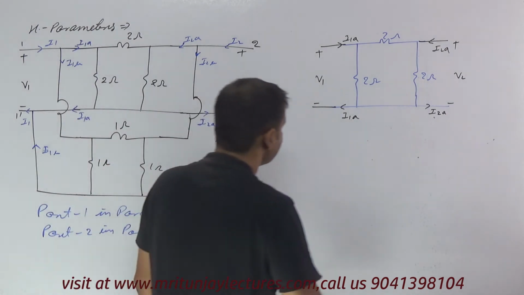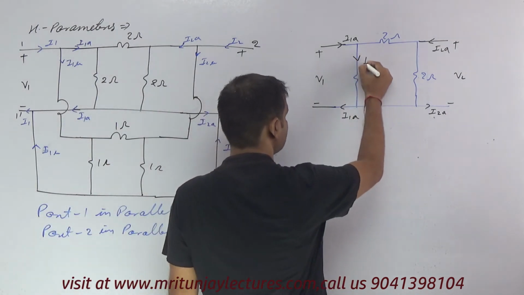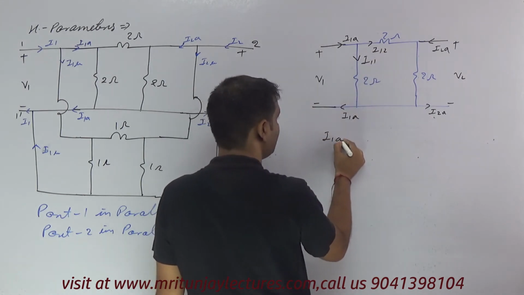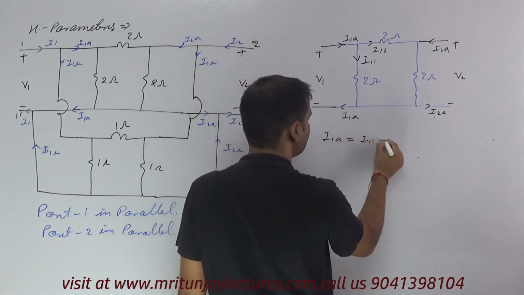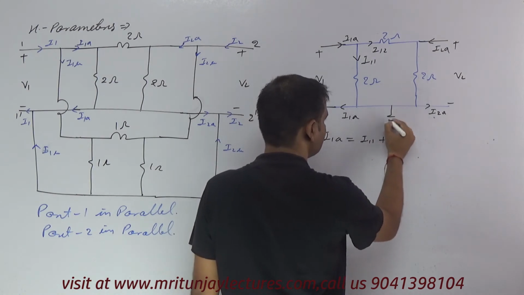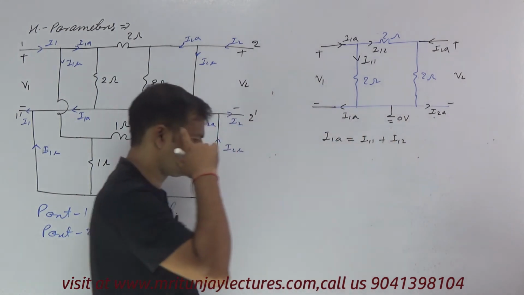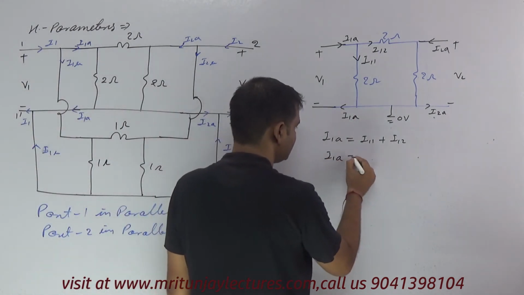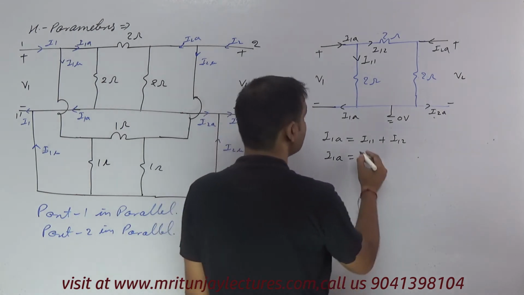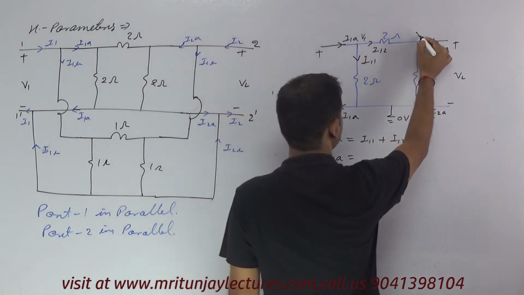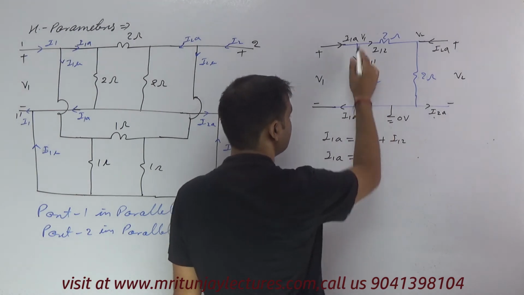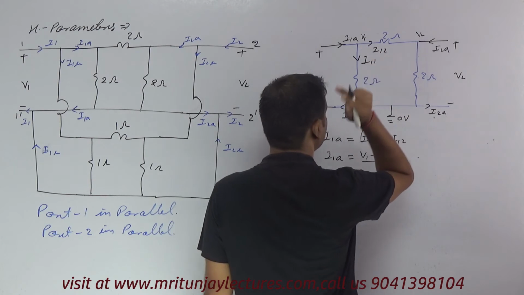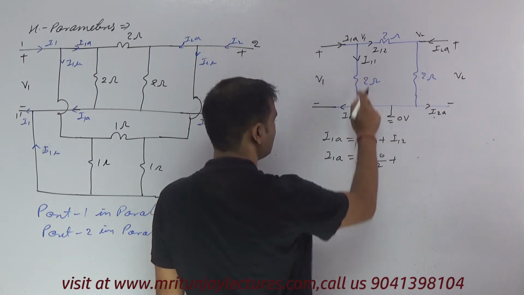If you consider the current I11 and here I12, then I1A is written as I11 plus I12, and this one takes the reference node. Considering the reference node, I11 means V1, and here V2, if this one is grounded. So V1 minus 0 divided by 2, clear, that is I11.